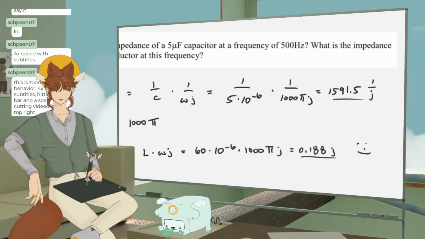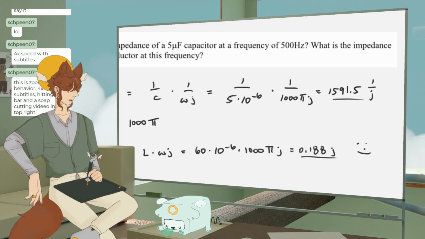What is happening? Wait a second. Uh-oh. Okay, well. This is Zuber behavior. 4x speed subtitles hitting an elf bar is so good. What is an elf bar?